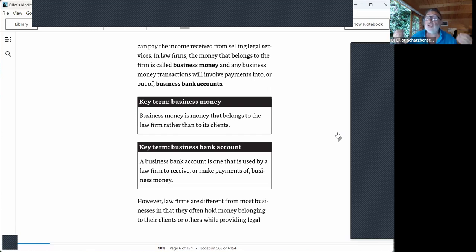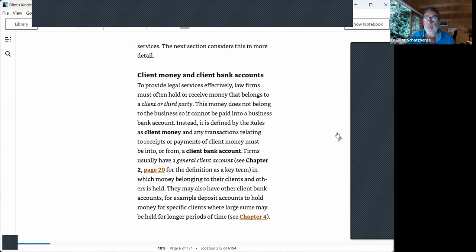It's money that belongs to you for payment of bills, disbursements, fees, that kind of thing. And if you know that's for you, that goes into your business bank account. But client money is different. As I've already said, it does not belong to you.